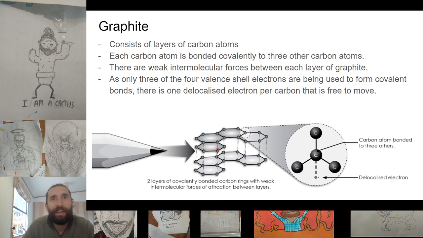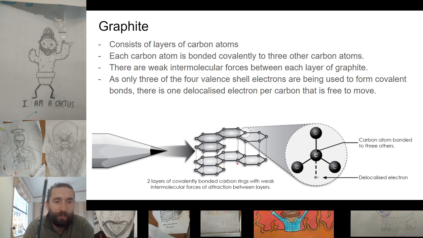In this one layer here, each carbon is bonded to three other carbons by covalent bonds. If you remember, covalent bonds are very strong. So one layer of graphite is extremely strong, but between each layer of graphite, they're only held together by weak intermolecular forces. So this layer can easily slide off that layer.